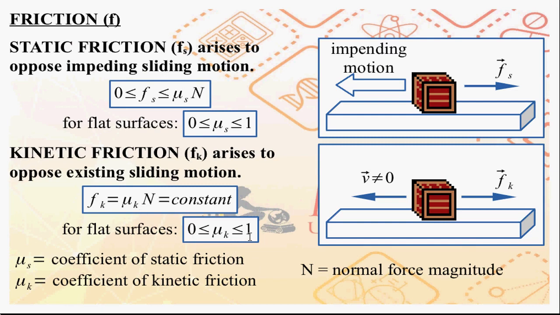Just like mu s, mu k is unitless and never less than 0. You don't have a negative coefficient of kinetic friction. For jagged surfaces, mu k may be greater than 1.